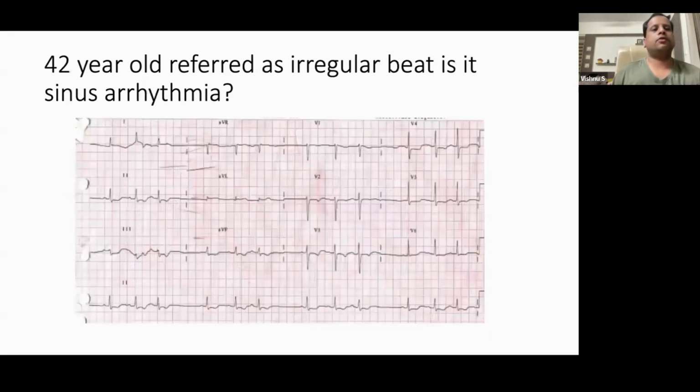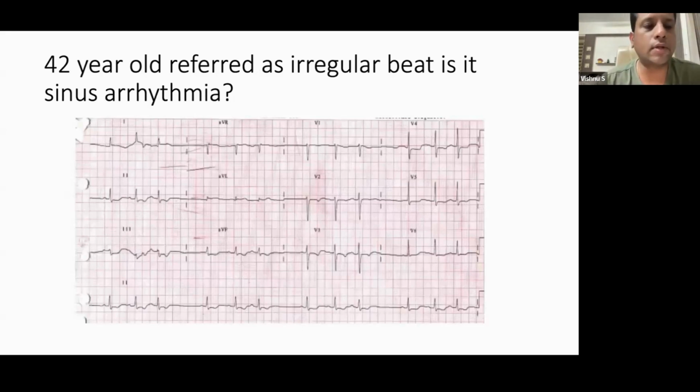And this is another ECG, a 42-year-old referred with irregular beat. Is it sinus arrhythmia? You should not only see the lead 2 long rhythm strip for ECG assessment.